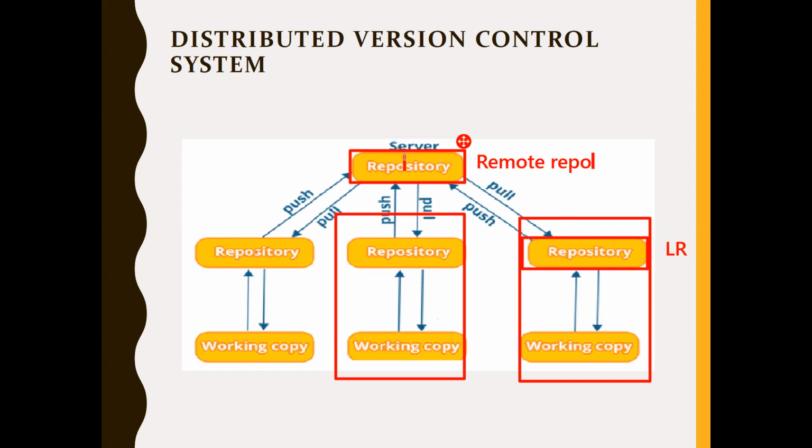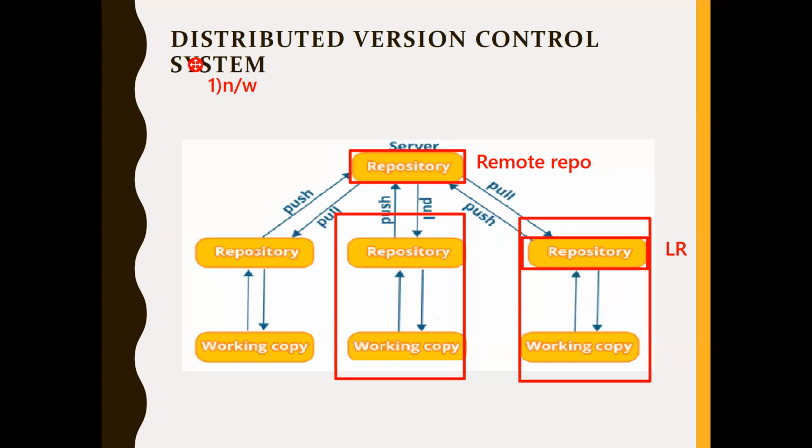So even though the network connection is not there, work can still be continued on the local repository. Only when you have to push your changes or get the changes from remote, you need the connectivity. So that's how it overcomes the drawback of the centralized version control system. Even though you don't have network connectivity, you can still continue working on your local, right? You need network connectivity only to push or pull the changes from remote.